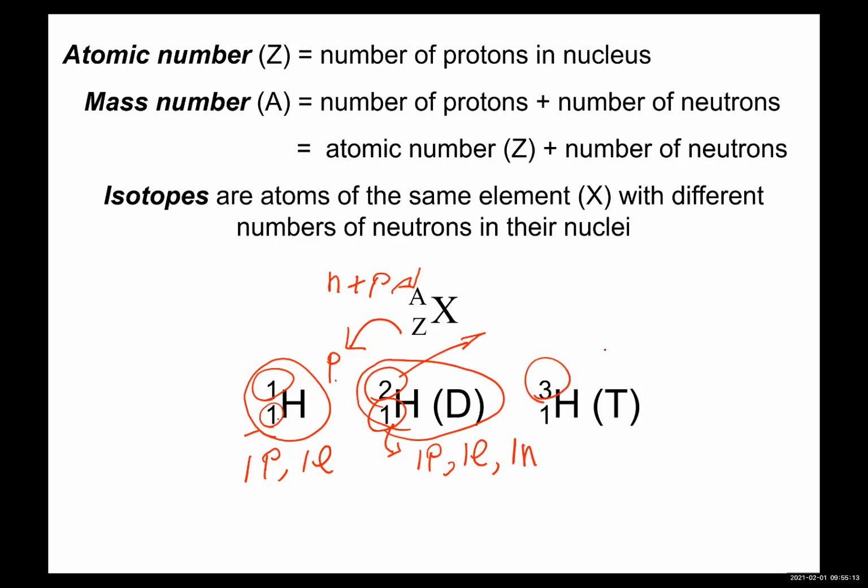And hydrogen 3, tritium, is another isotope of hydrogen, and it has a mass number of 3. So if I get 3 minus 1, I get 2 neutrons. So 1 proton, 1 electron, and 2 neutrons. This isotope of hydrogen is radioactive.